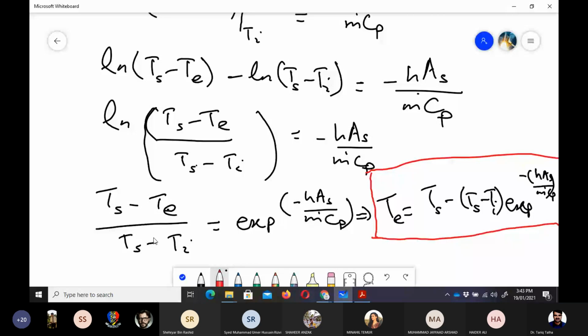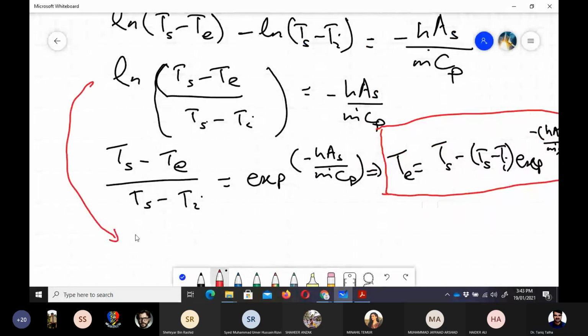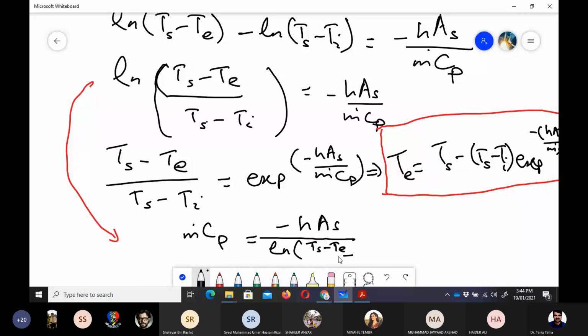Now if we write it here, from here, if we want to calculate the value of m dot Cp, that would be equal to minus hAs upon log of Ts minus Te over Ts minus Ti.